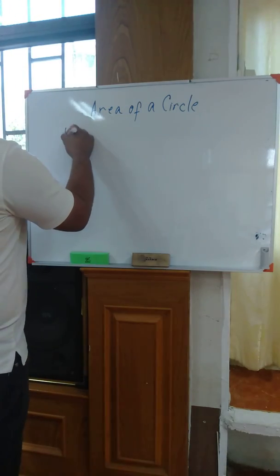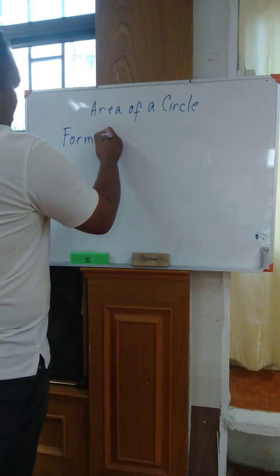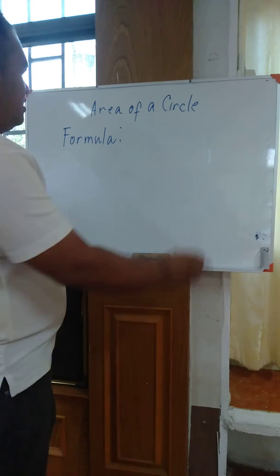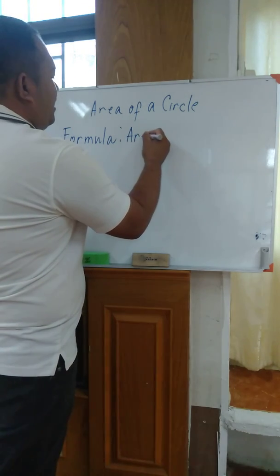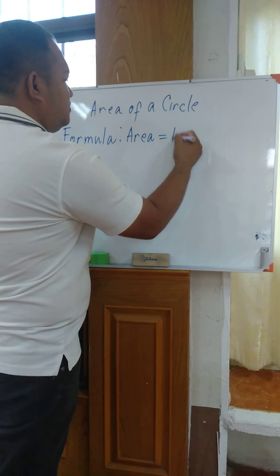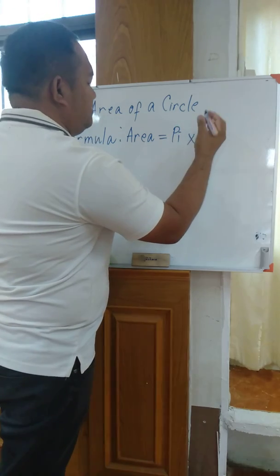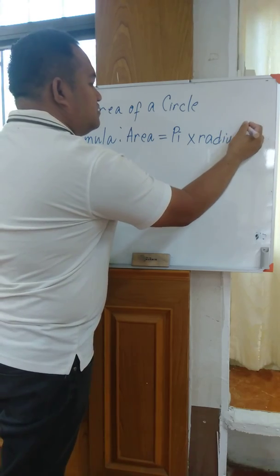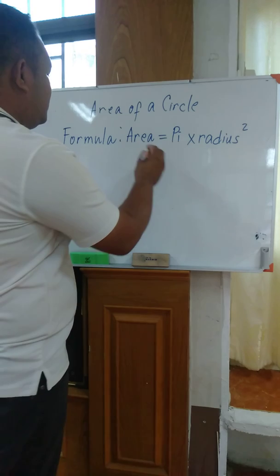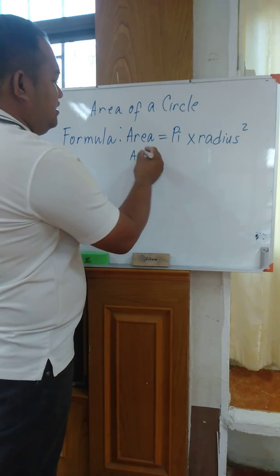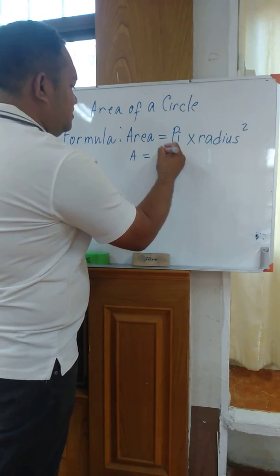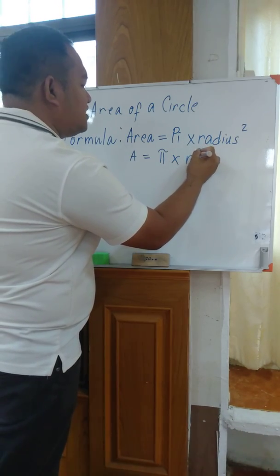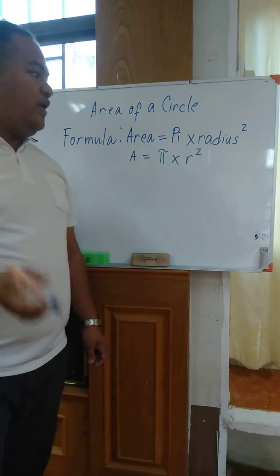So what are the components of the formula to get the area of a circle? We could say that area is equal to pi times the radius squared, or we can denote it as A is equal to the symbol of pi times r to the second power, or r squared.